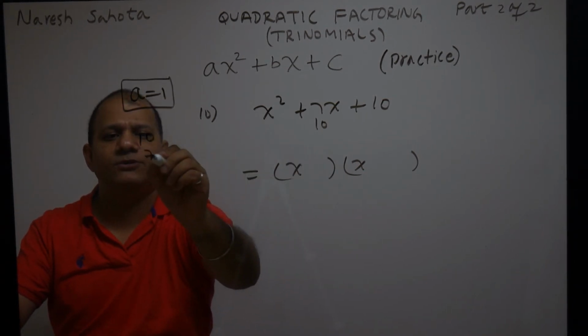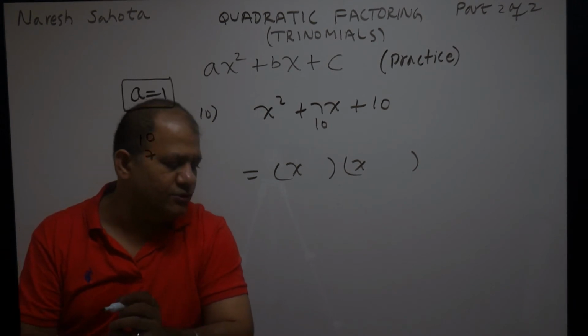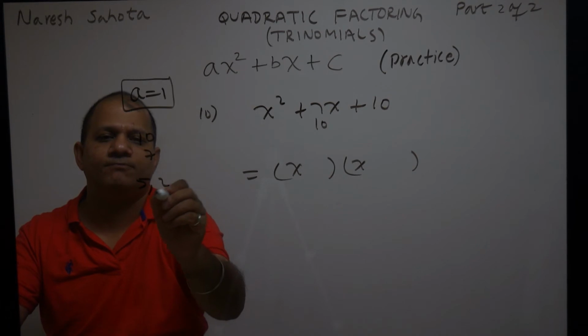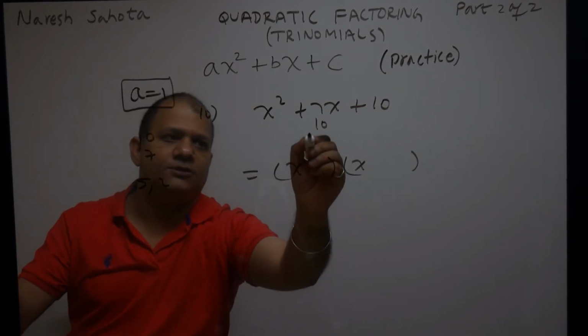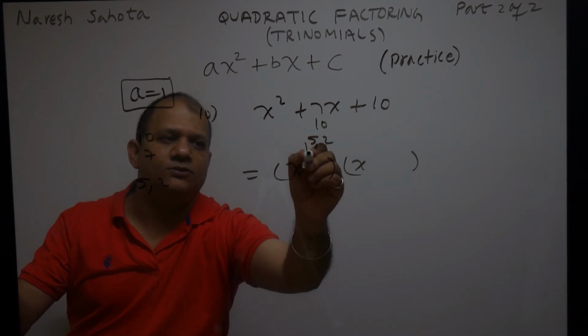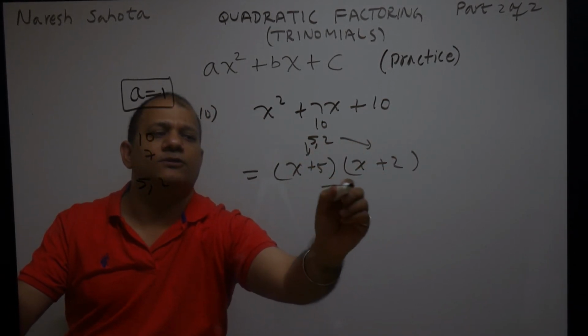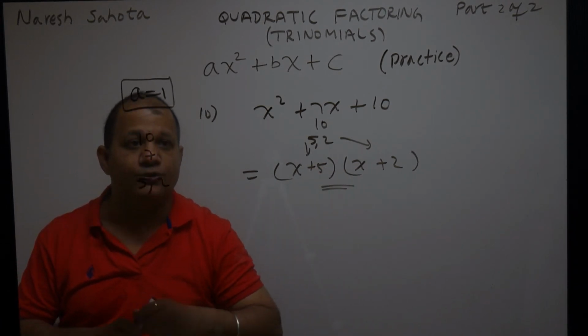Find two numbers that multiply to give us 10, and when we add those two numbers we want to get 7. So 5 times 2, right? Factors of 10 are 5 and 2. 5 plus 2 add to give me 7. Okay, that was easy. So stick 5 here and then stick 2 in the second bracket. So the factors are x plus 5 and x plus 2.